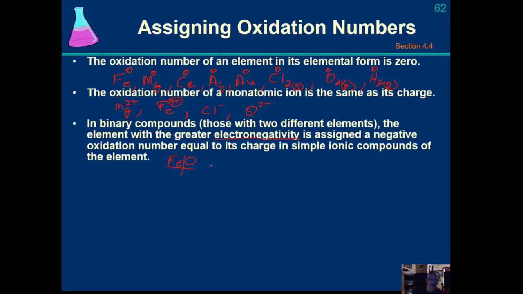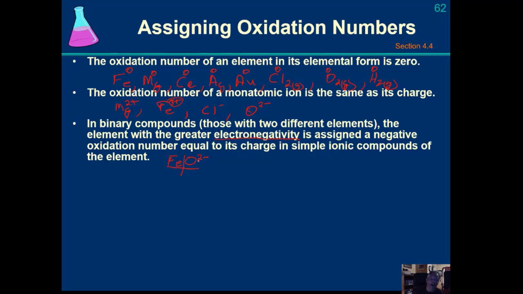Well, non-metals love to gain electrons. That tells us that oxygen is more electronegative than iron, because iron would really like to give up its electrons. Oxygen wants to gain electrons. That means it's more electronegative, so we're going to give it its charge in simple ionic compounds, and that charge is -2, and we write it as a 2- over here.